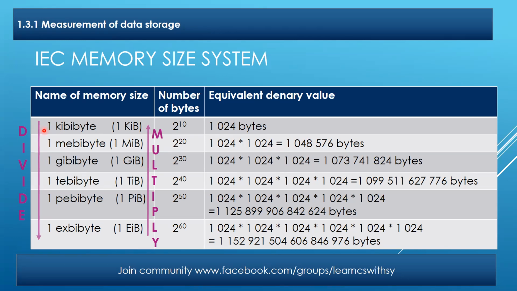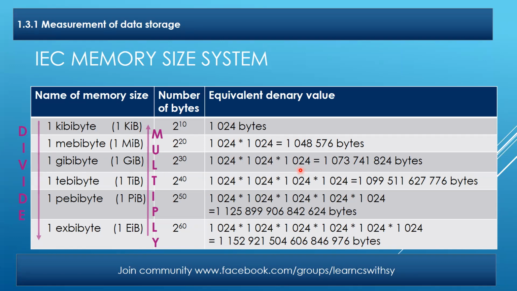Just remember, very simple principle: when you are going from KiB to GiB or others below, you will be performing division. On the contrary, if you're moving from gigabyte to kilobyte, for example, you will be performing multiplication, based on the value. For example, going from gigabyte to kilobyte, you will be multiplying by 1024 into 1024 into 1024.